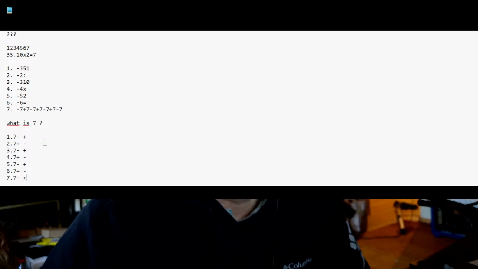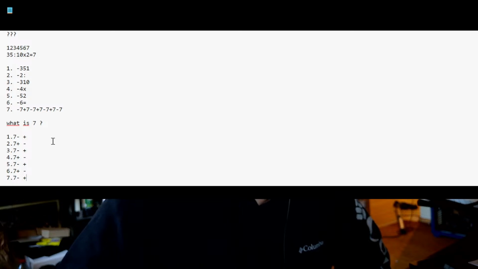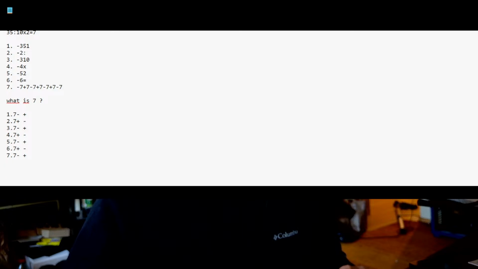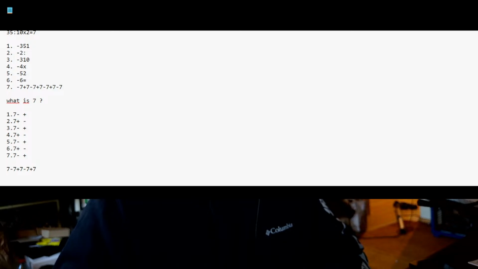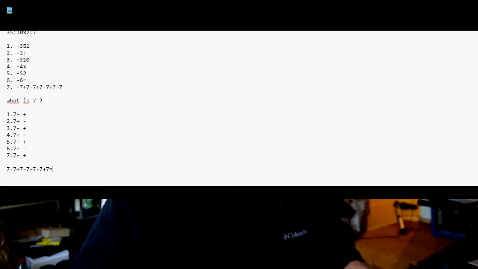So these are the 2 possibilities that we have here. This means the following. When we take 7 minus 7 plus 7 minus 7 plus 7 minus 7 plus 7, we have an end result of, so 7 minus 7 is 0, plus 7 is 7, and so on.